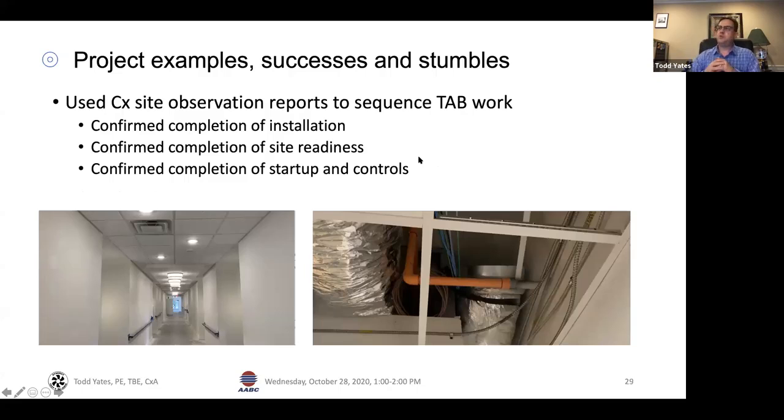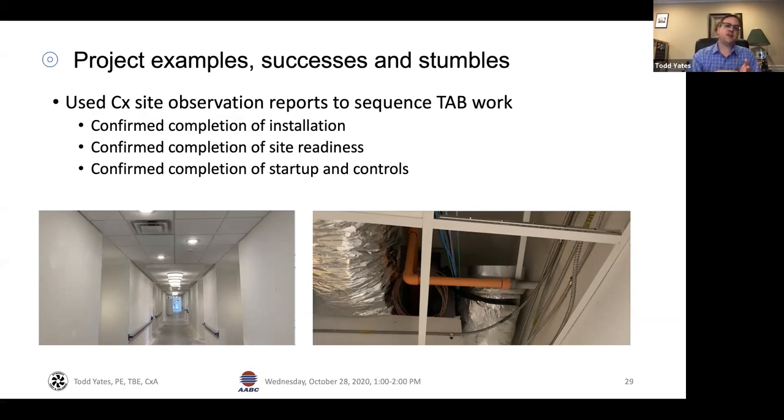By maintaining close contact with the commissioning provider, we were able to see the sequence of the project. We were able to sequence our work, not just schedule it. So we got good feedback from them on when the installation was complete.